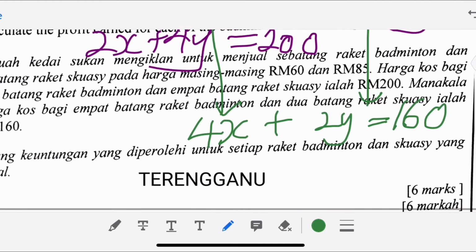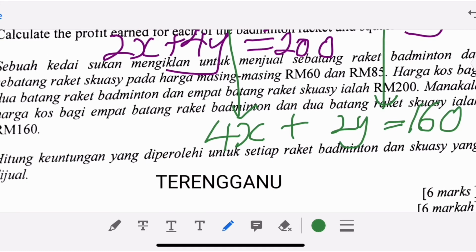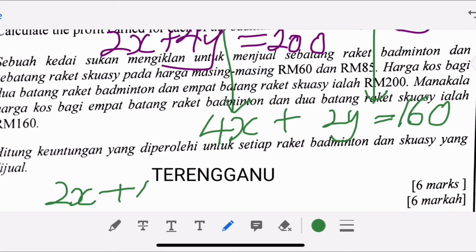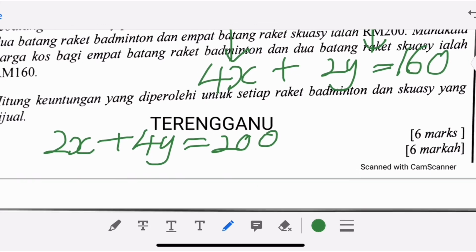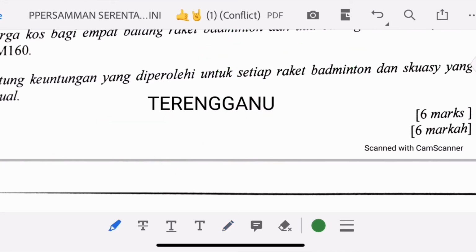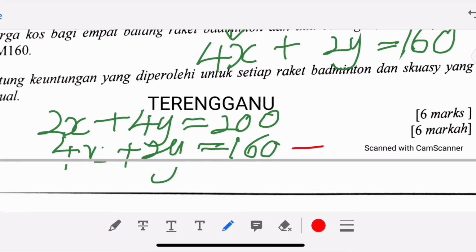Sometimes they use the word total. Then you write down the 2 equations in order: 2x plus 4y equal to 200 and 4x plus 2y equal to 160. Then we will solve the simultaneous equations. I'm sure you would like to use elimination again.